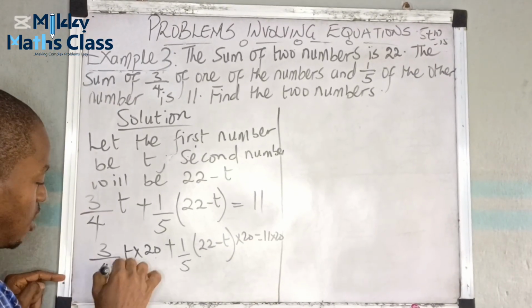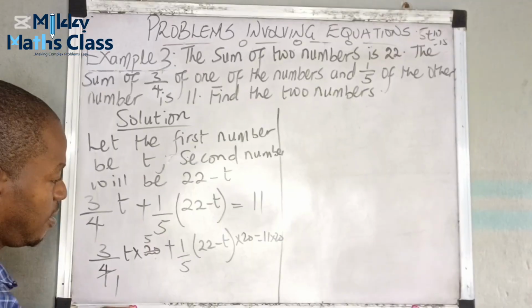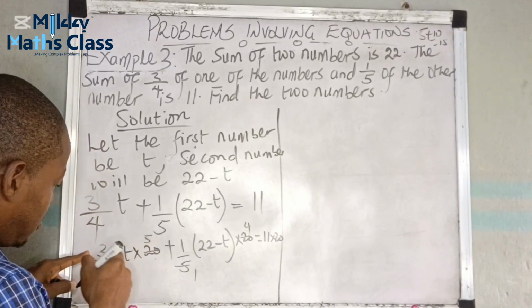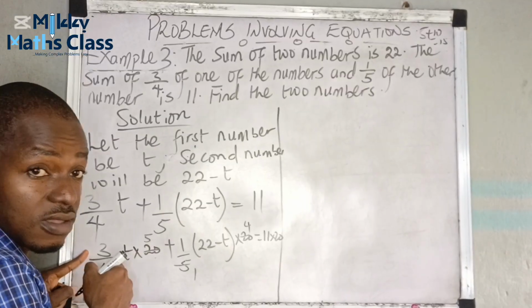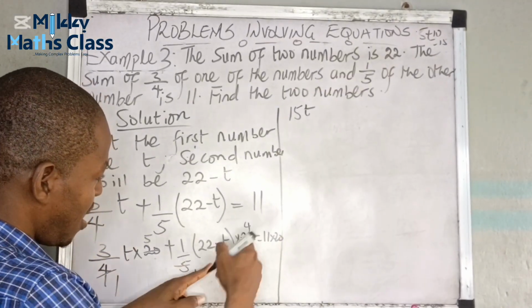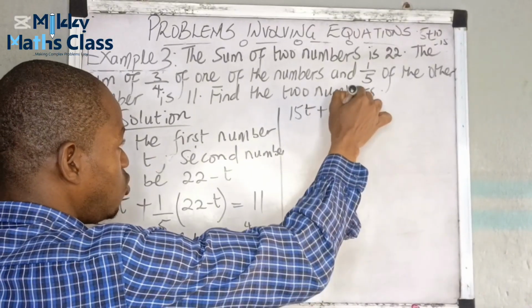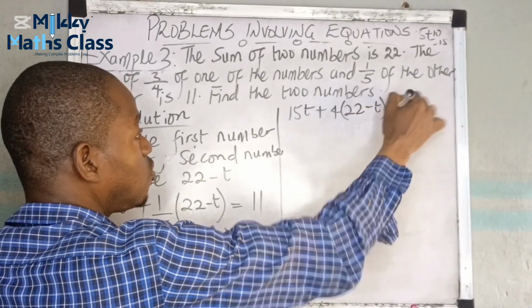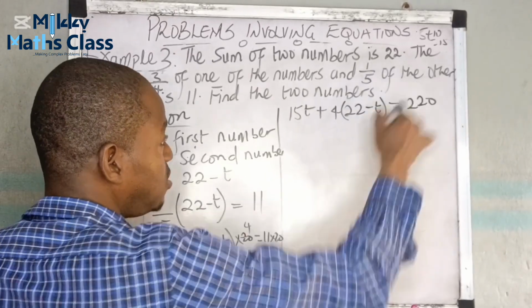So from here, 4 into 20 is 5, 5 into 20 is 4. So we have 3 times 5, that's 15t. Then I have plus 4 into brackets 22 minus t is equal to 11 times 20, that's 220.